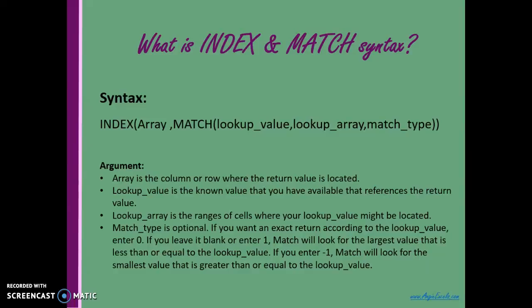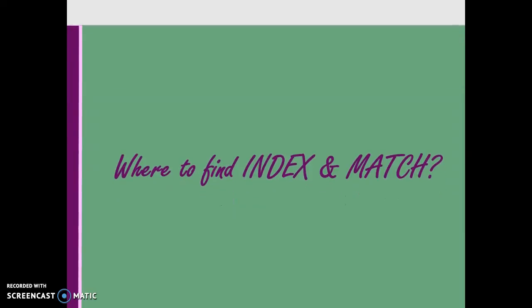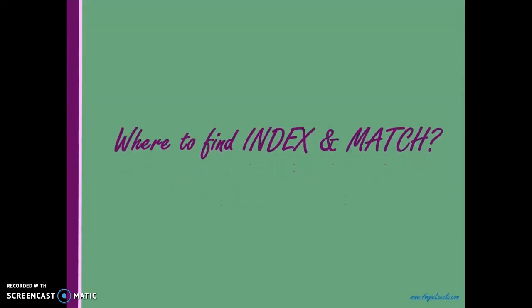Okay? So, moving on. Where to find index and match? Okay? So, if you've seen some of my videos, some of my tutorials, you know that I show two ways how to find a function. One is the long way because I want you guys to get familiarized, and the other one is more of the shortcut, which is typing in.